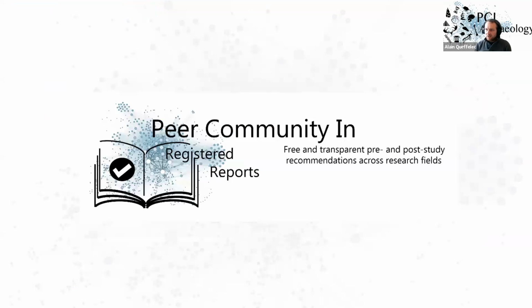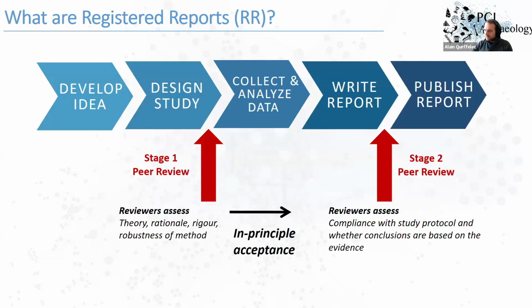So I told you about registered reports. Maybe some of you are not used to this vocabulary. Registered reports are a system of peer reviewing in two steps. As you can see here, there are different steps in the way of creating a scientific paper, and in this process you have two different reviews. The first stage of review is before you collect and analyze the data.